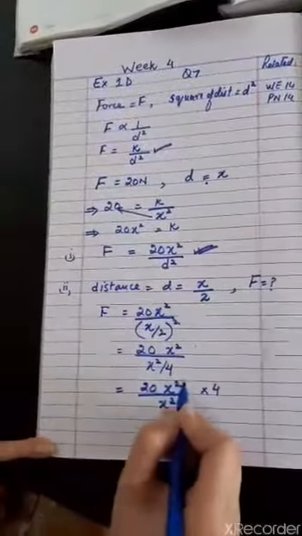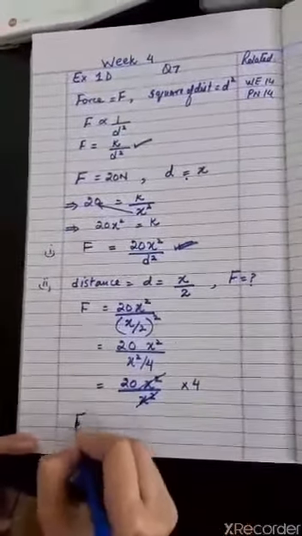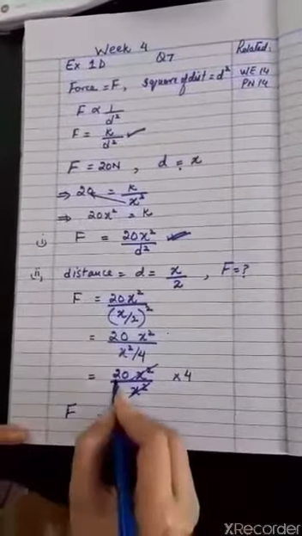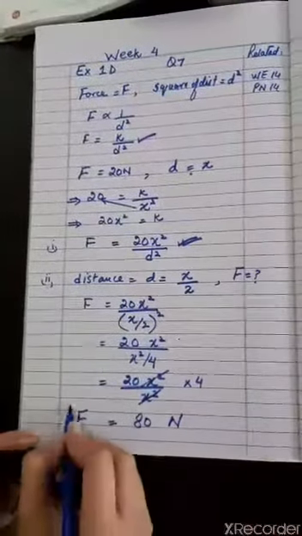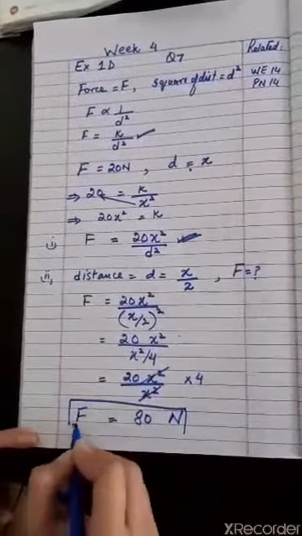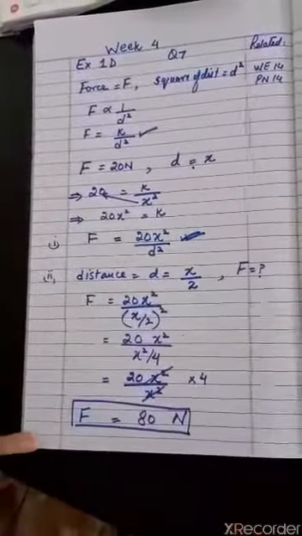So in this situation, x square will be cancelled by this x square, and we will get the value of force, which will be 20 into 4, 80 newtons. So our force is 80 newtons when the distance is halved. This is our part 2.